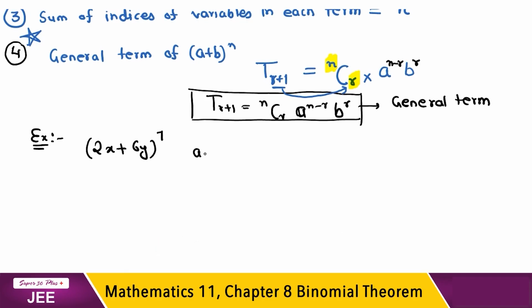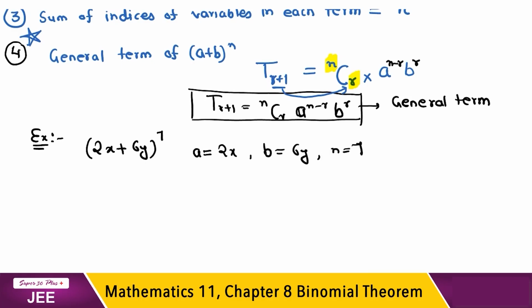Here in place of A I have written 2x. If we compare it with the standard binomial, we can deduce that A is replaced with 2x, in place of B we have written 6y, and in place of n we have written 7.